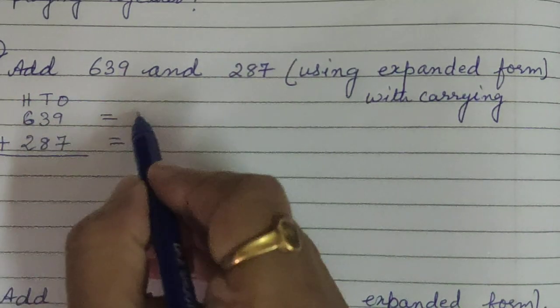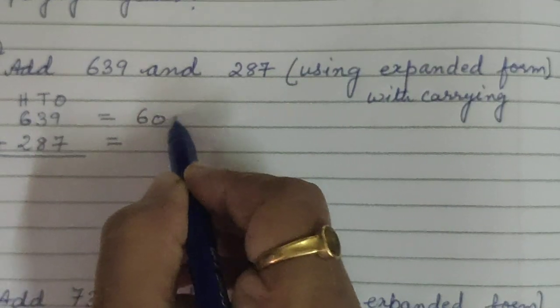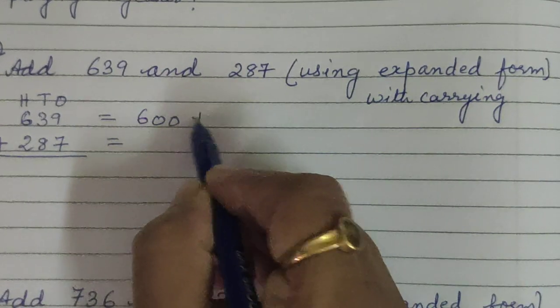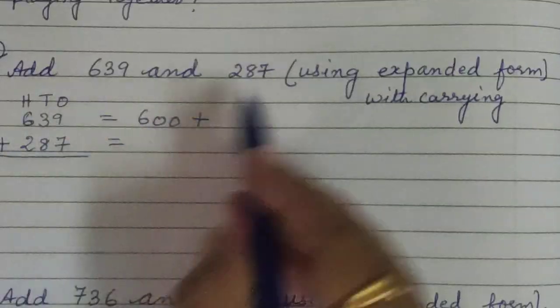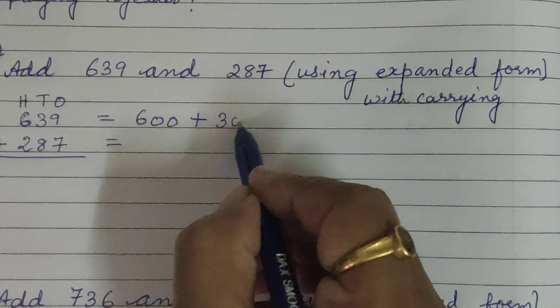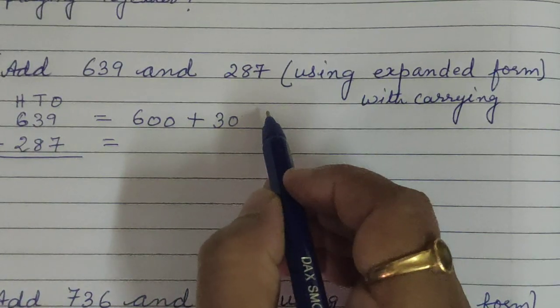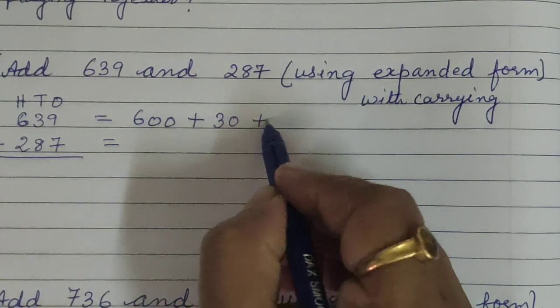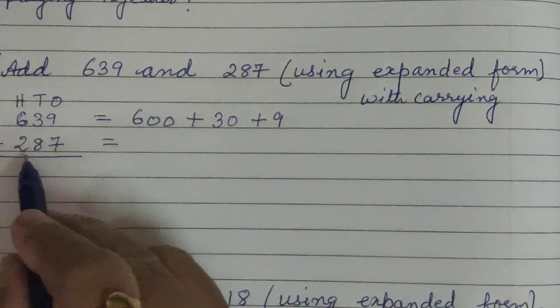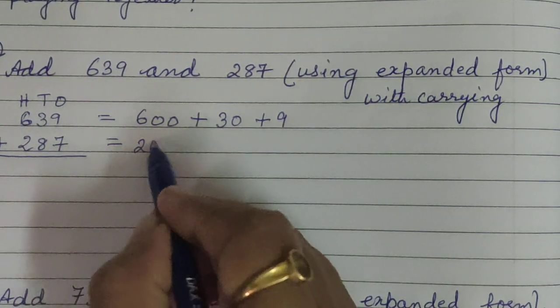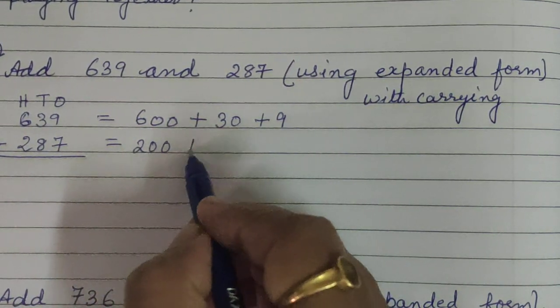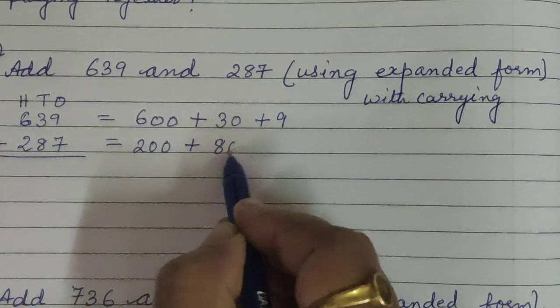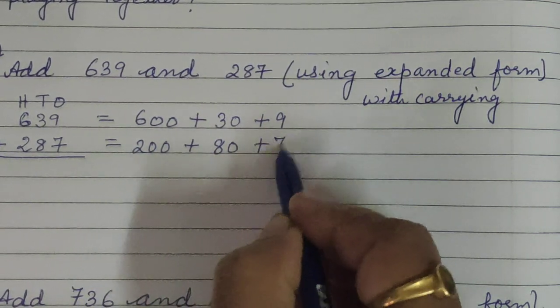So 6 is in the hundreds position. Write down 600 plus, then 3 is in the tens position, 30 plus 9 is in the ones position, 9. Same 200 plus 80 plus 7.